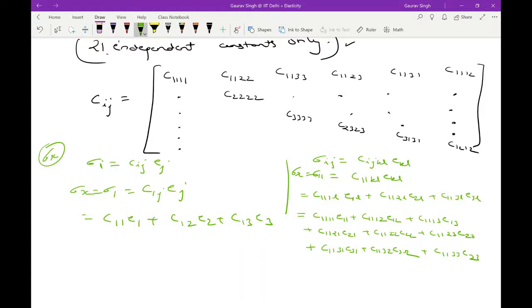Fine. So now since sigma x has to be the same on this side, look at the coefficients. E11 is the same as E1, so this quantity is the same as this.